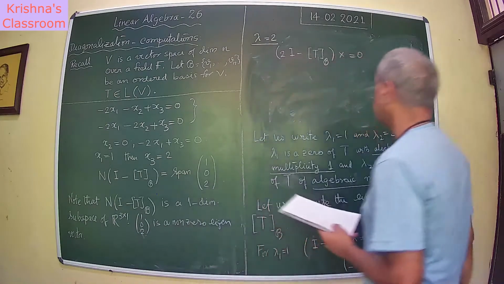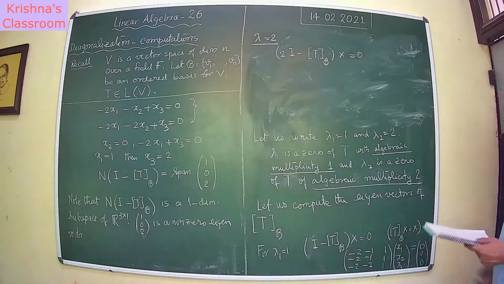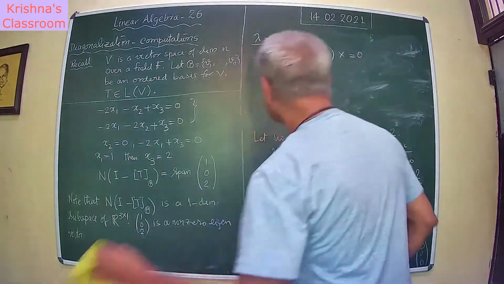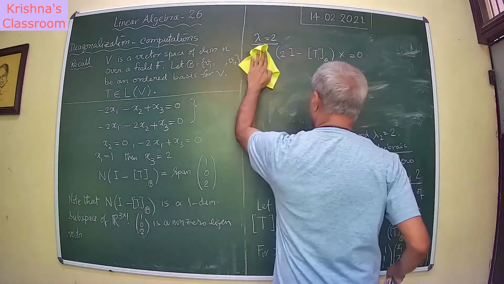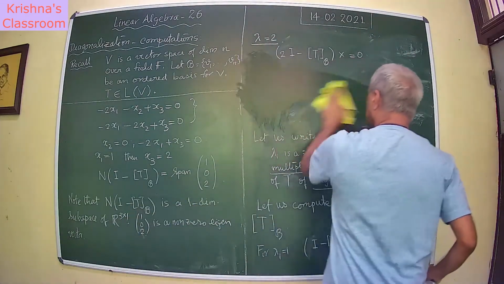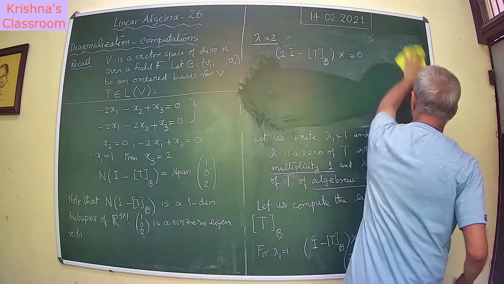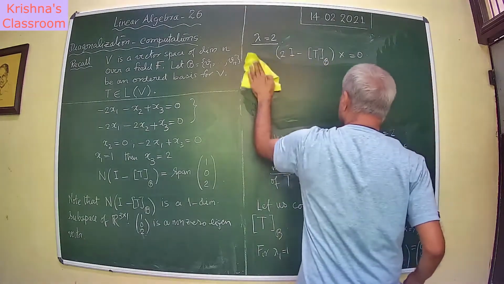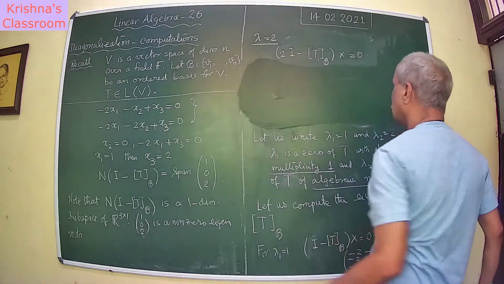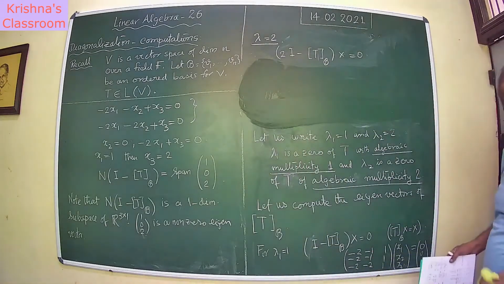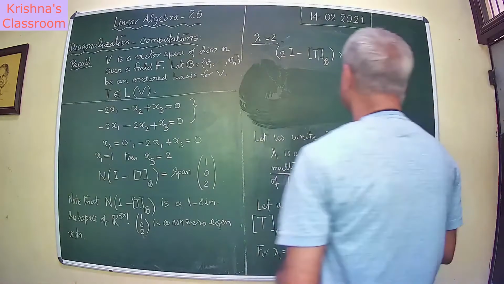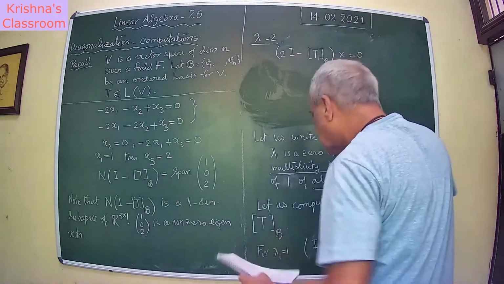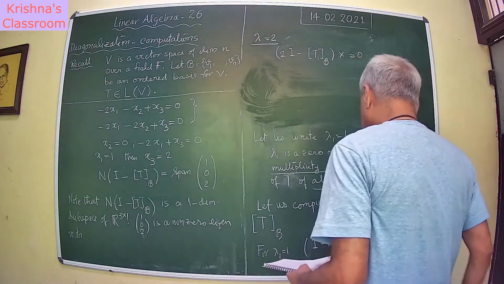We have to solve this to get the corresponding eigenvector. How do you compute this? That's quite easy. Let us write down what it is.